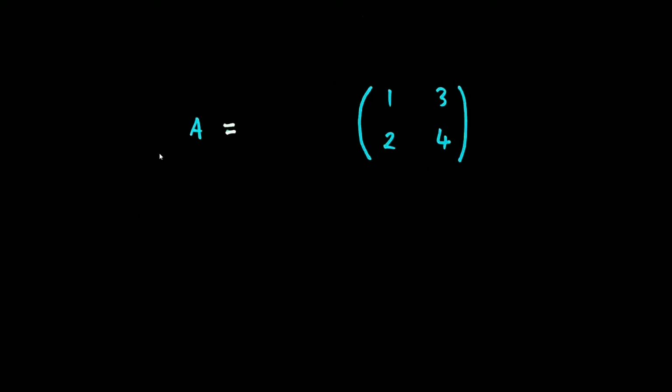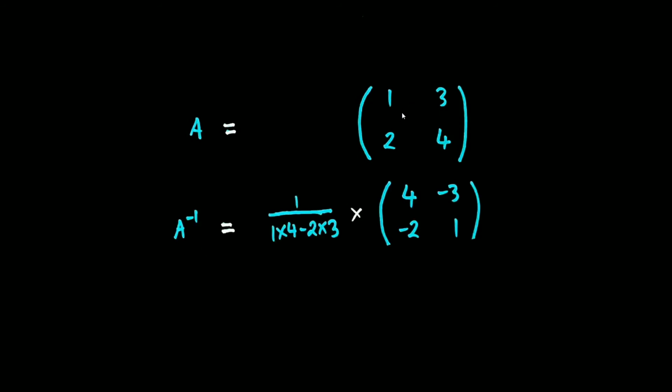Now let's look at an example. Let's say we define a matrix A as 1 2 3 4. Then the inverse of A is equal to 1 by the determinant, which is 1 multiplied by 4 minus 2 multiplied by 3, multiplied by, we switch the places up, we get 4 here, and then we get 1 here. And then we have negative 3 here, we multiply a negative sign here and a negative sign here, and we have negative 2 here.